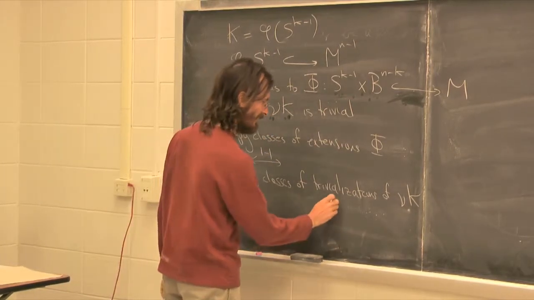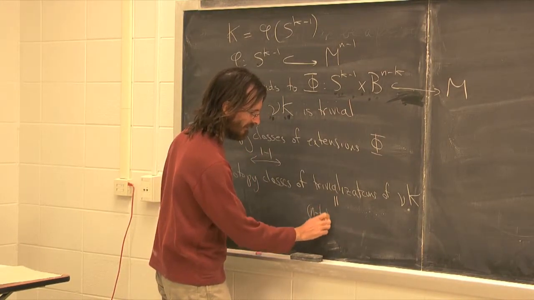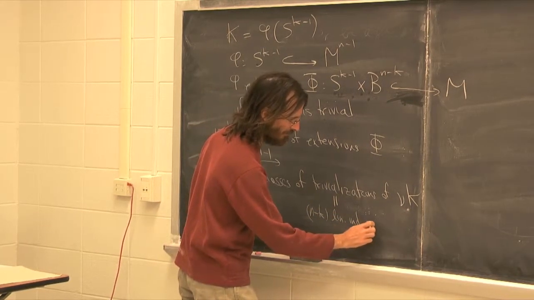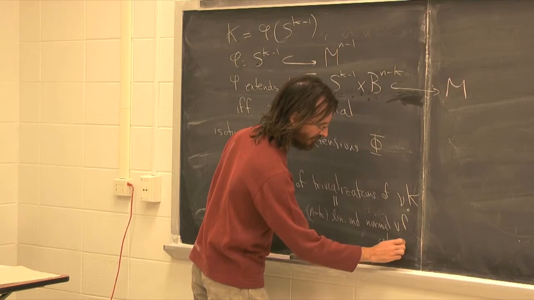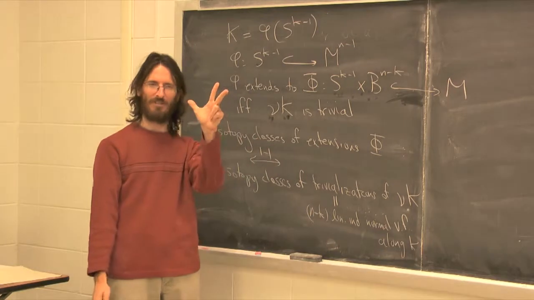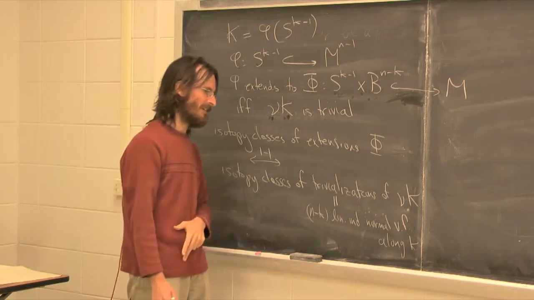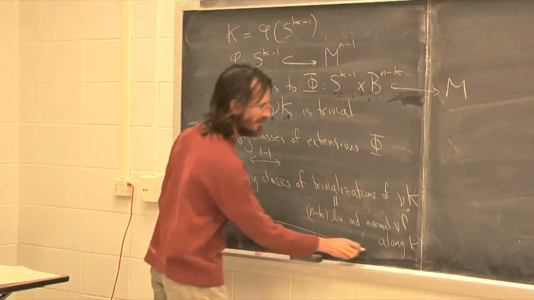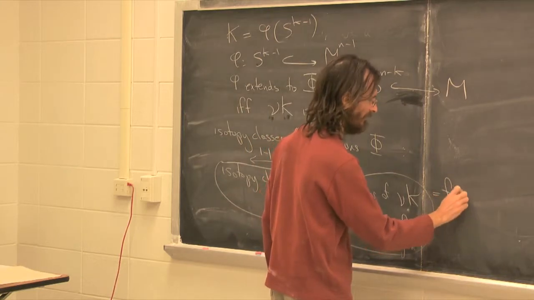Another way to think about it is that a trivialization is n minus k linearly independent normal vector fields along K. So along every point on K, we have n minus k linearly independent vectors that are normal to it, which vary. That's an n minus k frame. Such an isotopy class is called a framing.